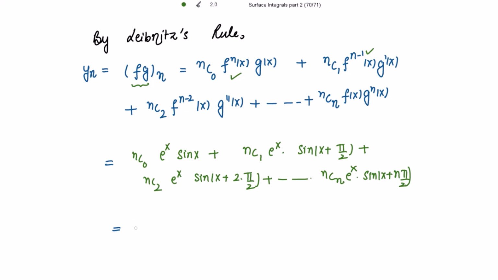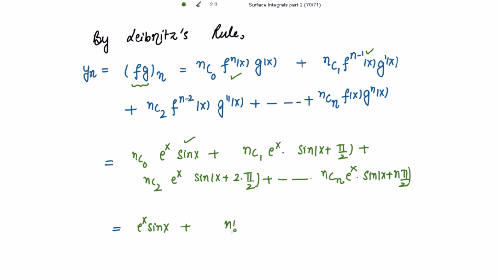So nC0, how do you calculate nC0? It is n factorial divided by 0 factorial times (n minus 0) factorial. So that is n factorial divided by n factorial. 0 factorial is 1, so this is 1 only. So nC0 is 1. What is nC1?